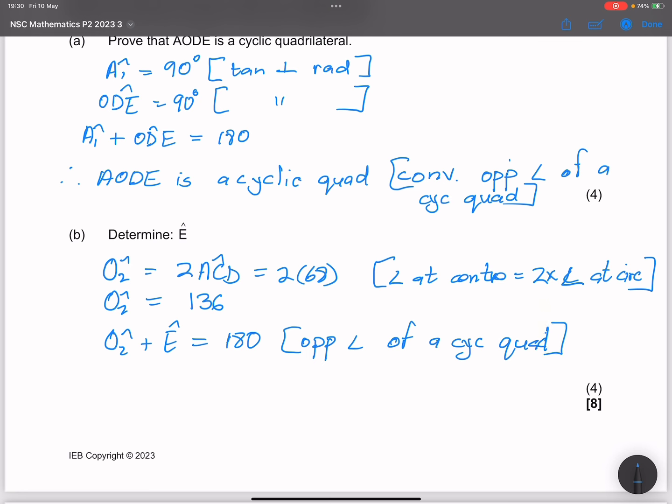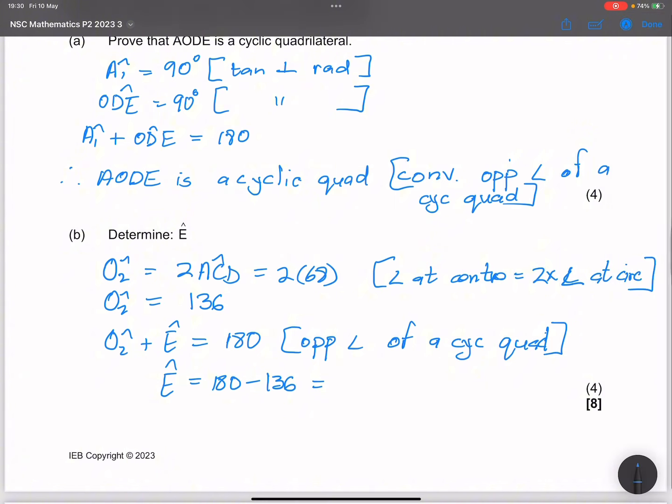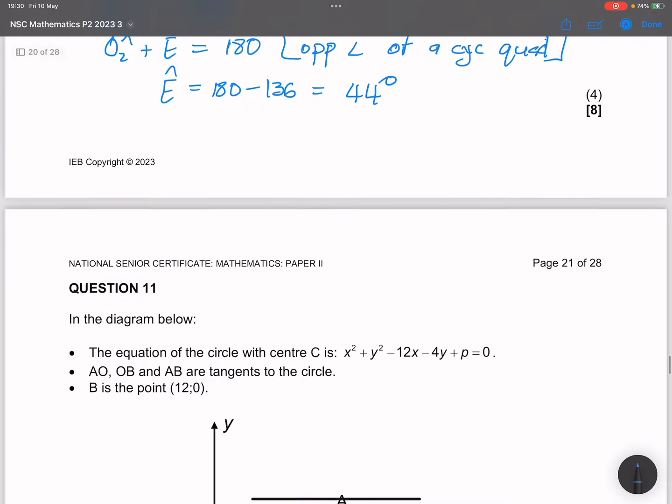And so that means that angle E would be equal to 180 minus the 136, and in this case, lazy bones me, that would be 44 degrees. All right, so that is really how we're going to answer that.